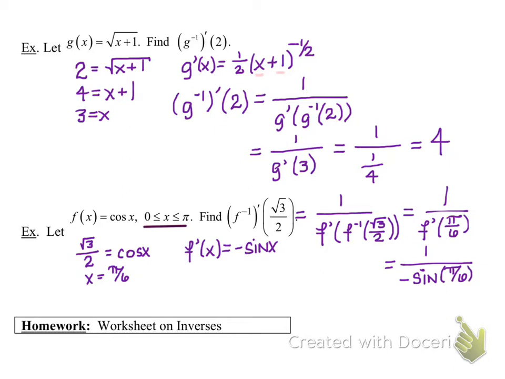The sine of pi over 6 is 1/2, so we're actually looking at 1 over negative 1/2, and that simplifies to negative 2.